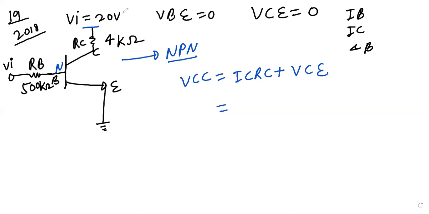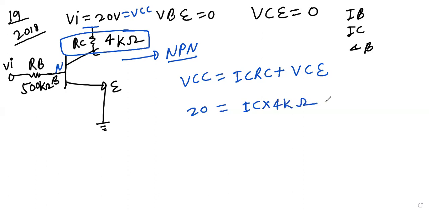The VCC value is given. This voltage is VCC. So it is 20, right? And the IC value we don't know, right? And the RC value is how much? It is 4 kilo ohm. So it will be IC into 4 kilo ohm plus the VCE value, which we know.